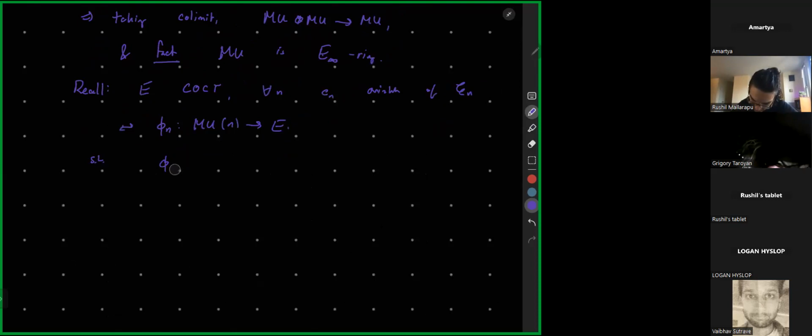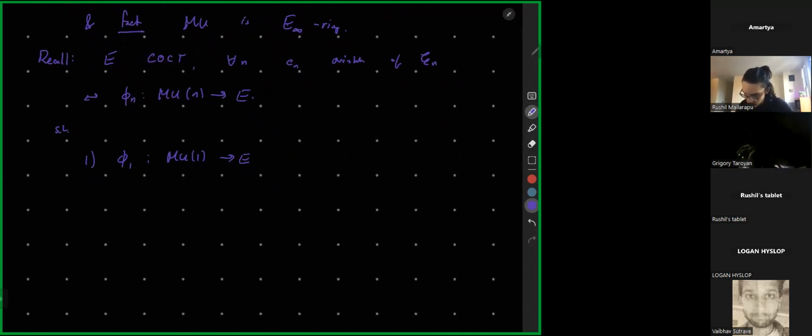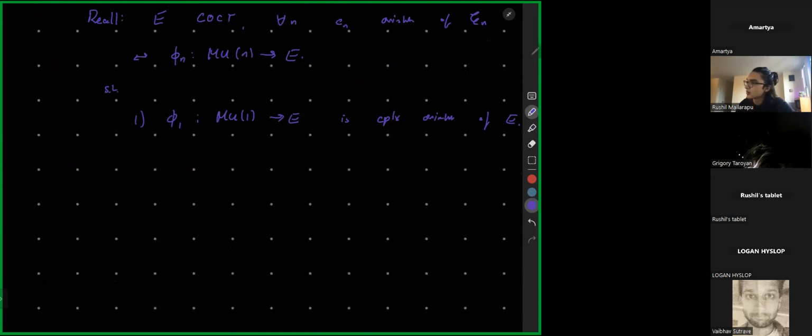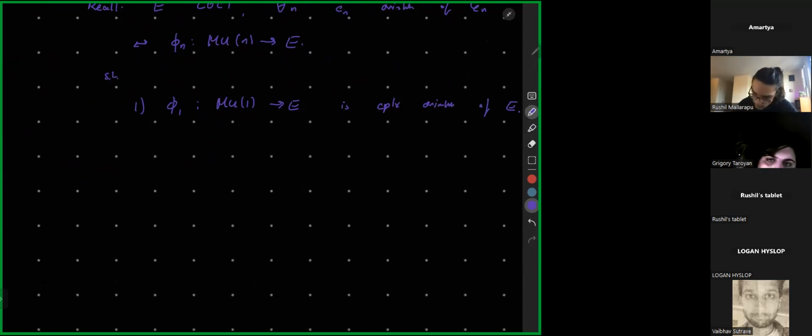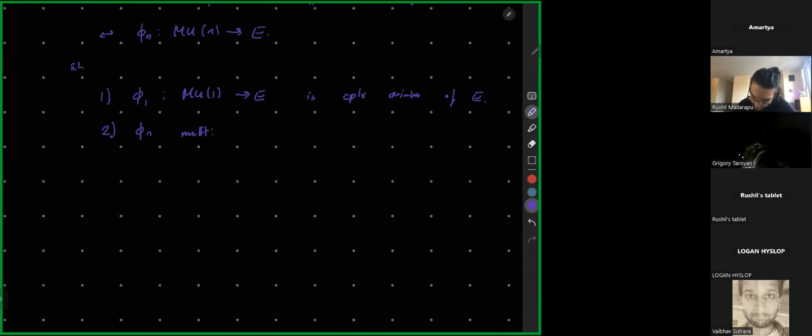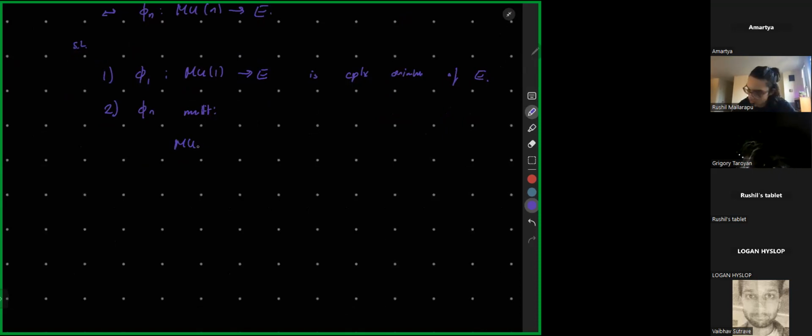First is that the map from MU1 into E, classifying the canonical orientation of the universal line bundle, is just the complex orientation. And two, these maps are multiplicative in the sense that the following diagram commutes up to homotopy.